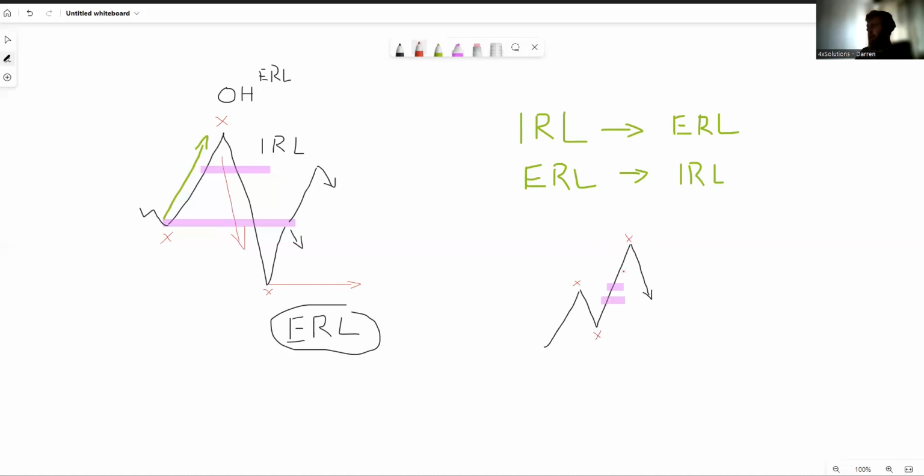And if you're not selling and you're waiting for a buy based on the higher time frame buys, maybe you're trading internal range liquidity to external range liquidity. This is external range liquidity over here, and that is your target for price.